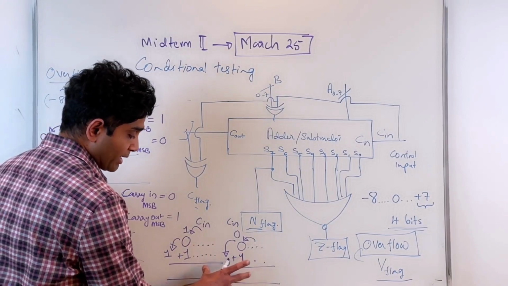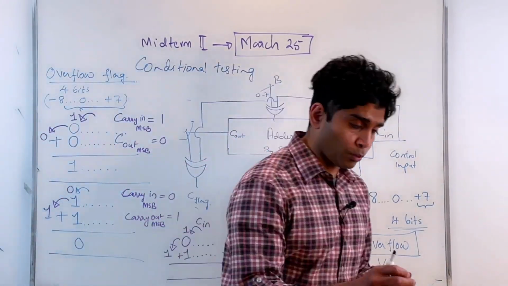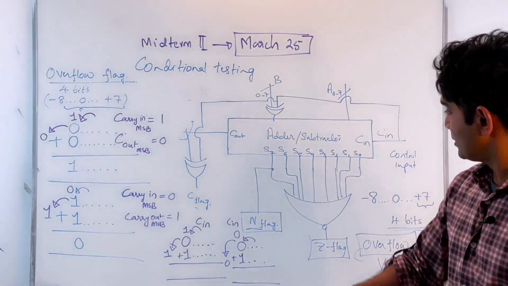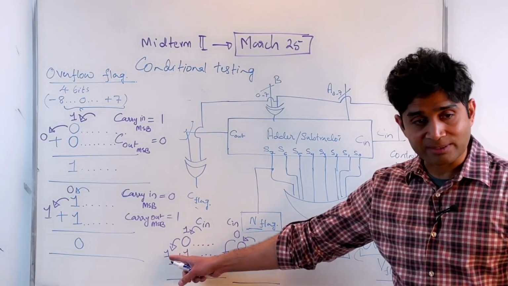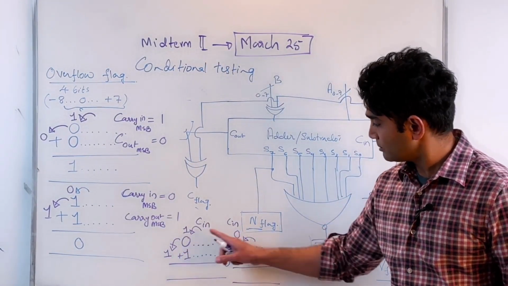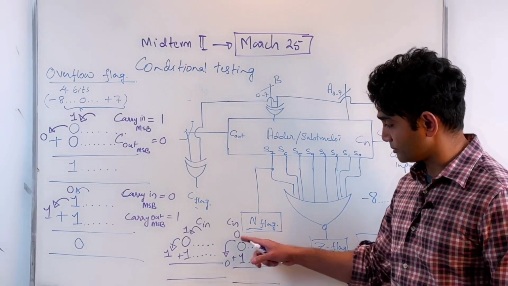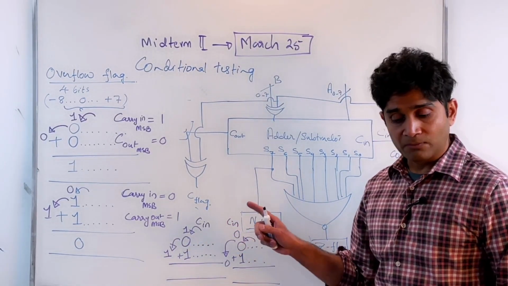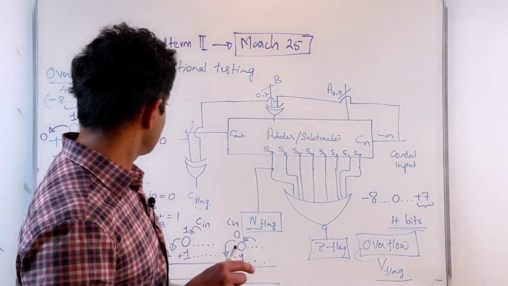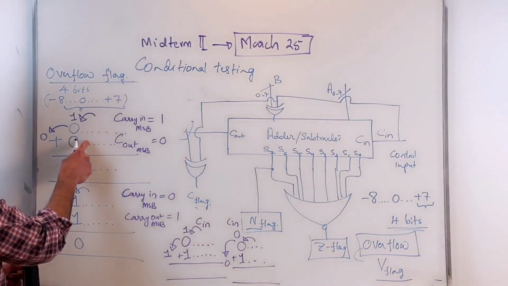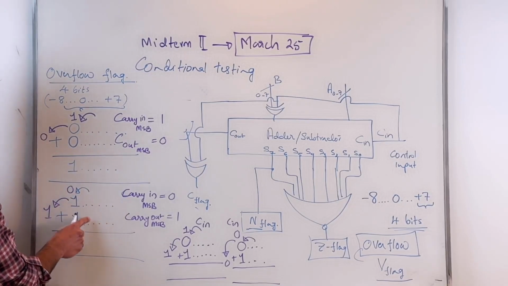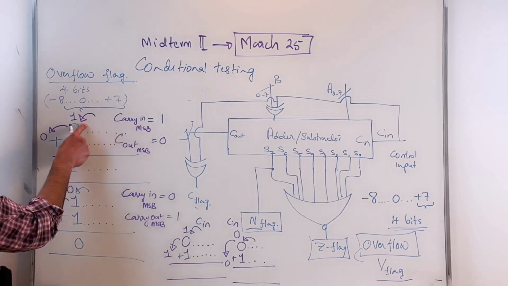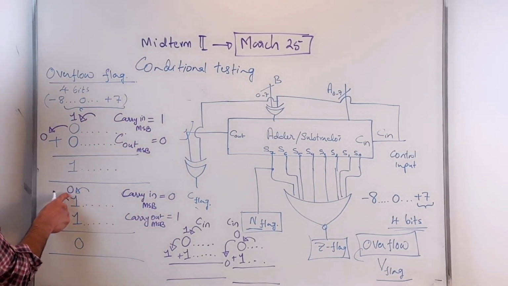When I know that I don't have an overflow condition, my carry in and carry out are the same. I've looked at all possible combinations, all possible conditions. Here they are the same. When I have an overflow condition, which happens when I'm adding two positive numbers together or two negative numbers together, I can see that my carry in and carry out are different.